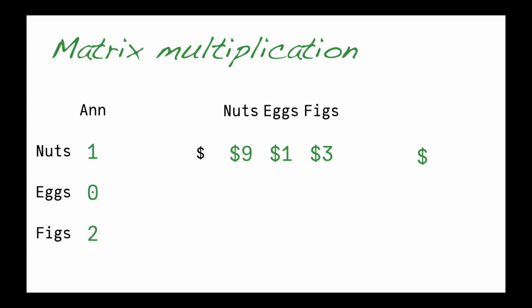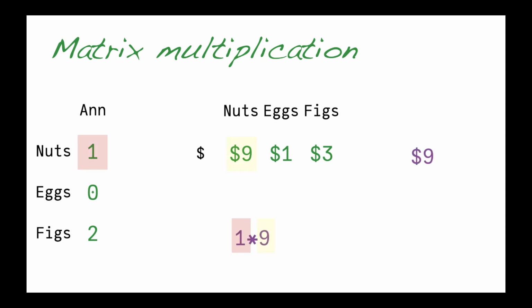So let's say that Anne is shopping for a couple of items, and the items that she wants are nuts, eggs, and figs, and they are listed row by row in the matrix on the left-hand side. So Anne is a column. We're going to multiply that whole column by a row, or everything in it, and then we're going to add the results together. So how much would Anne spend with this shopping list and the prices, the shopping list on the left and the prices on the right?